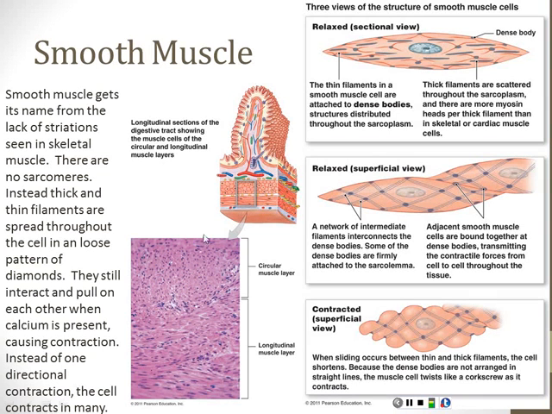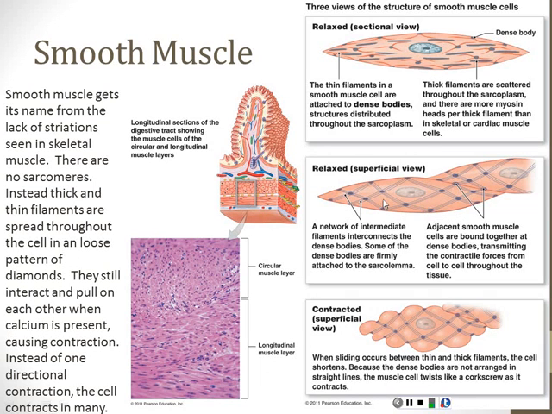So if it doesn't have sarcomeres, how is it able to contract? Well, it's a different arrangement. If you look at a smooth muscle cell when it's relaxed, you can see this sort of crisscross pattern. And these are actin and myosin filaments, just like we find in skeletal muscle.